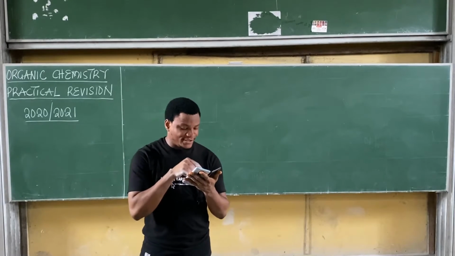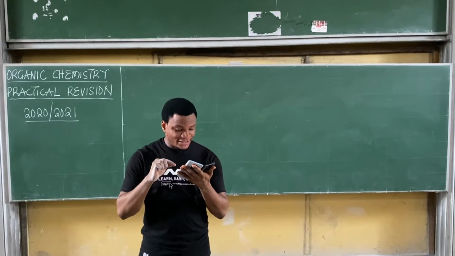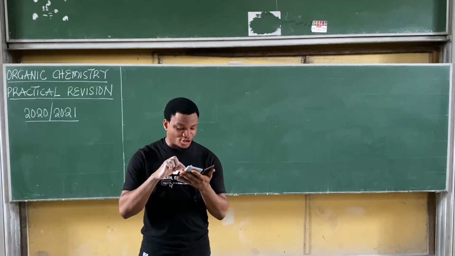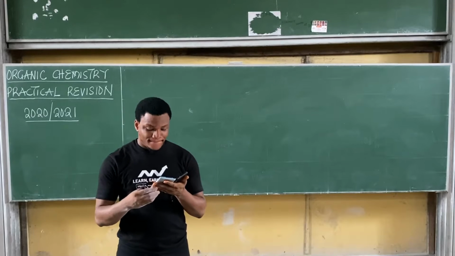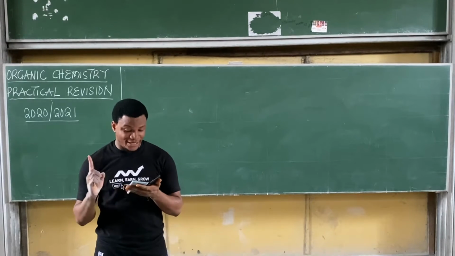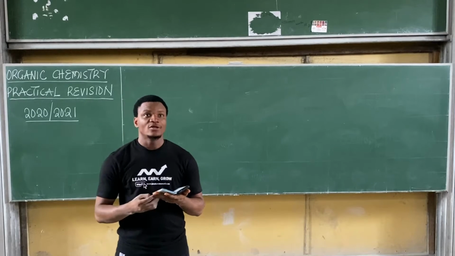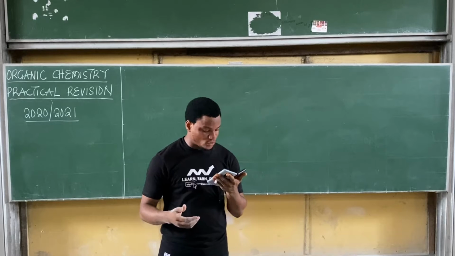Number 17 says, give the reason for your answer in 9. In 9, we said tertiary alcohols and potassium permanganate. What's your answer? No reaction. So your answer is either because tertiary alcohols do not react with potassium permanganate.